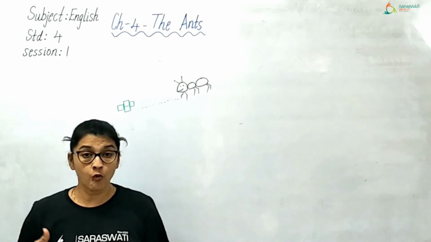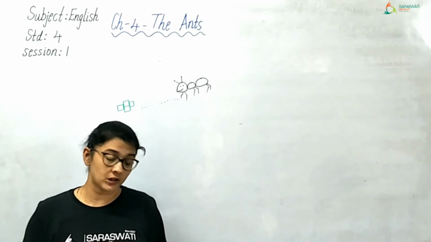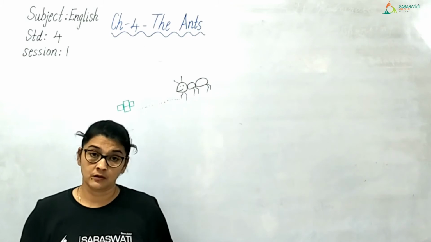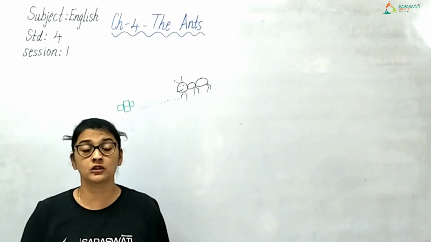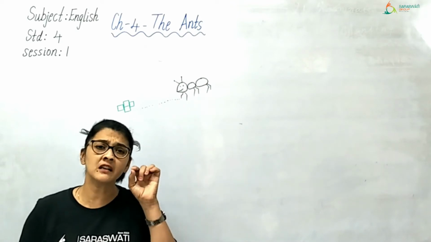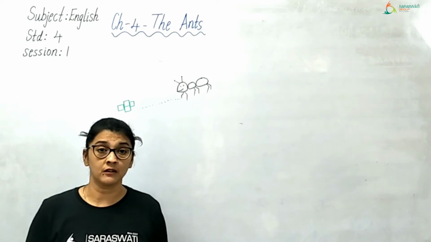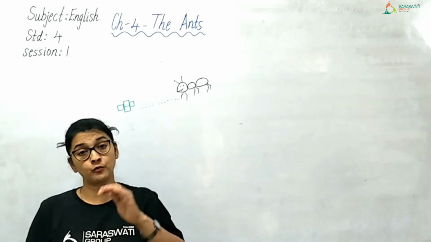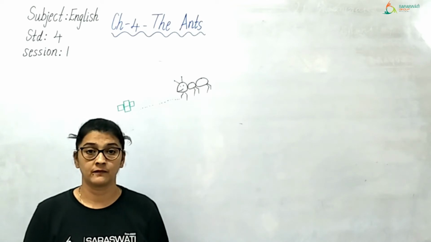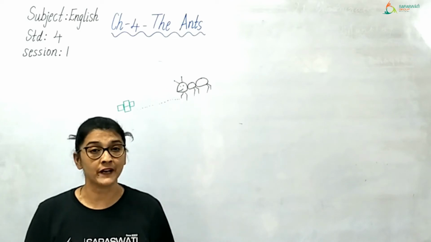Let us see what the poetess or poet, here it is Jane Taylor, that means the poet who has written this. What does the poet think about these tiny insects? And what is the significant thing which the poet wants to bring to our notice through this poem? Let us read and find out.